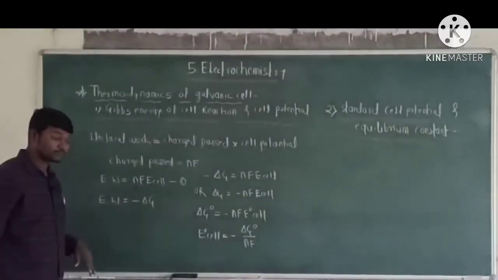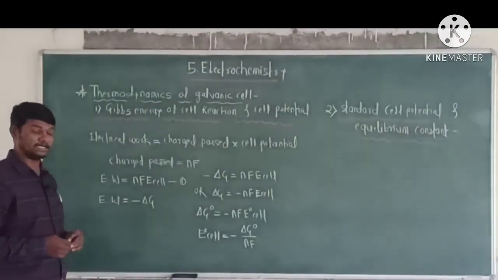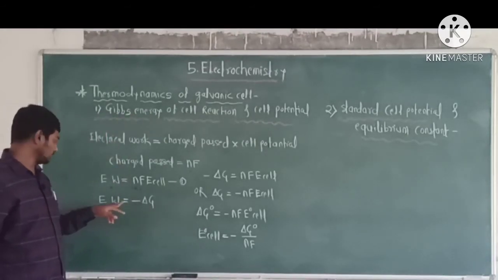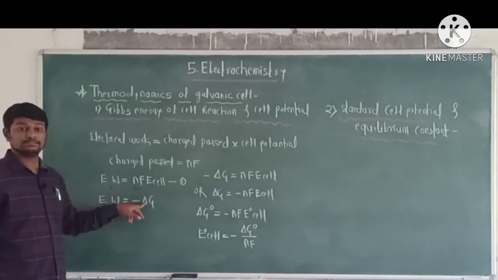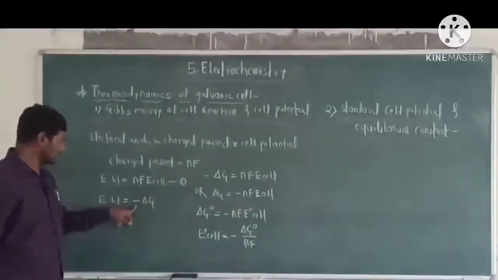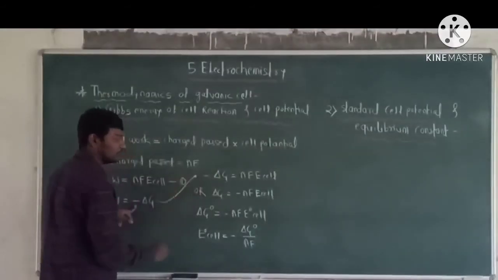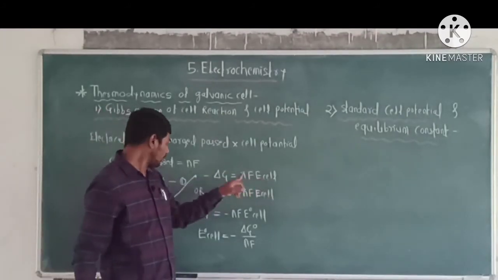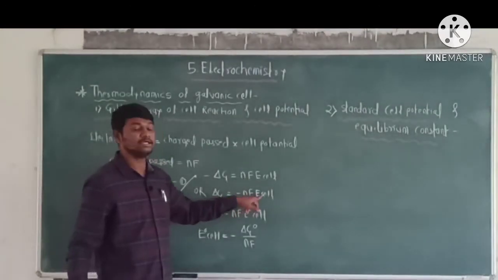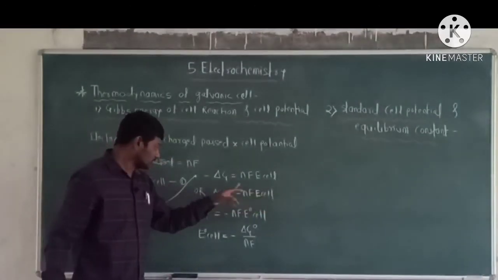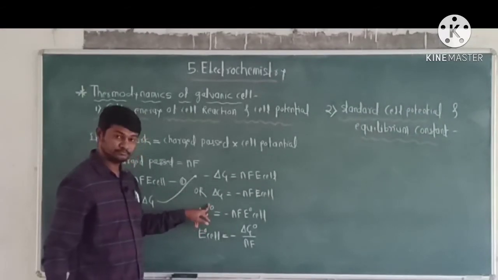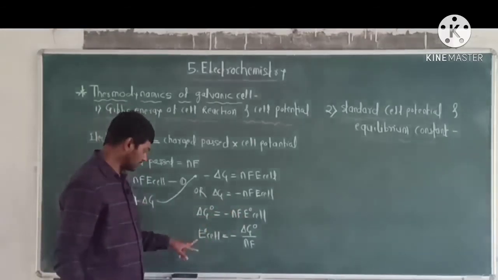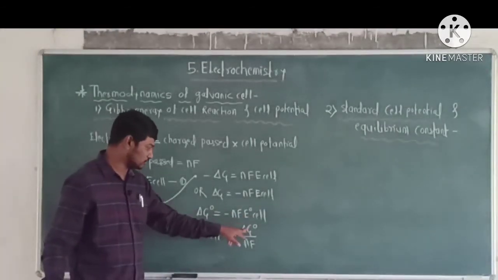In 1878 Gibbs concluded that the electric work in a galvanic cell is equal to decrease in Gibbs energy, that is electric work is equal to minus delta G. After that equation number 1 becomes minus delta G is equal to nF E cell, or delta G is equal to minus nF E cell. In standard form, delta G0 is equal to minus nF E0 cell. Rearranging, E0 cell is equal to minus delta G0 upon nF.